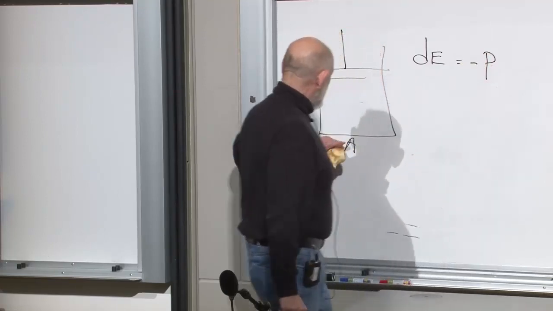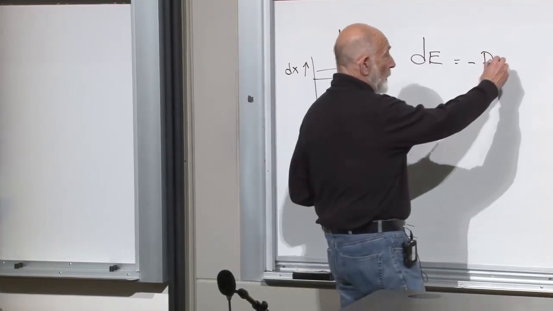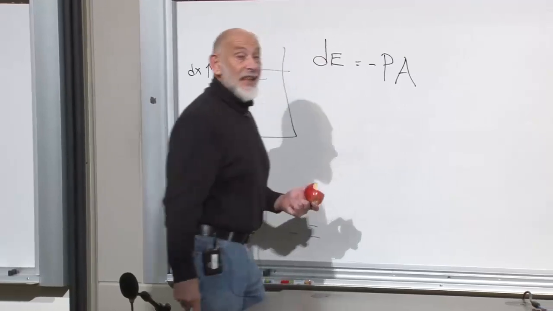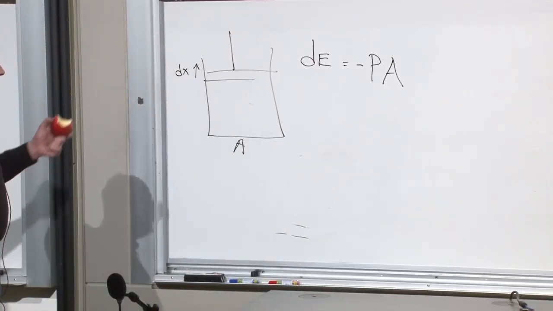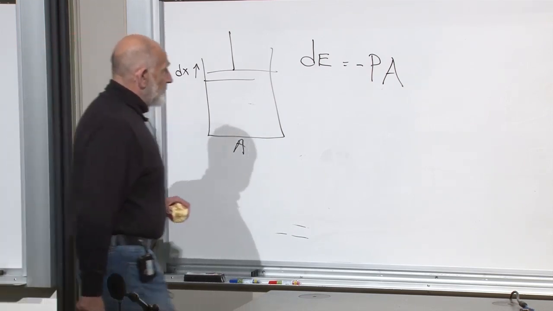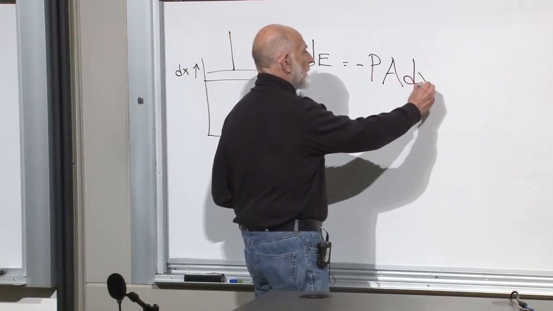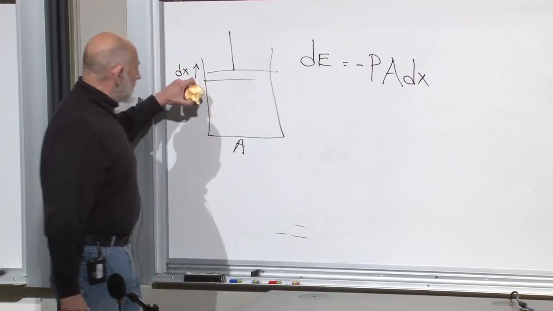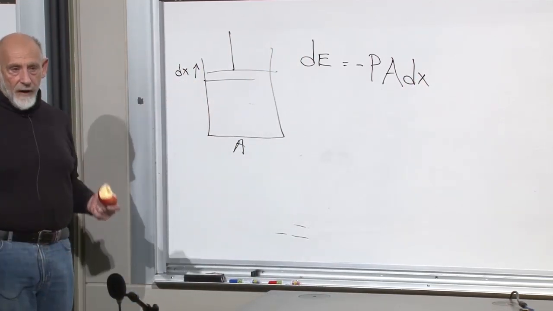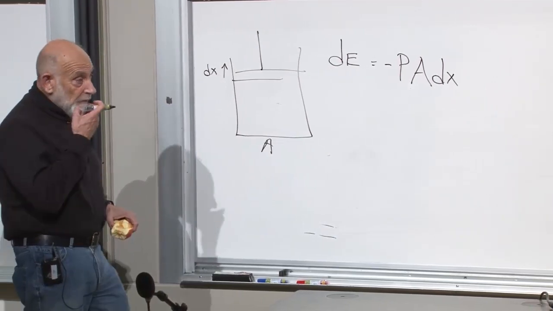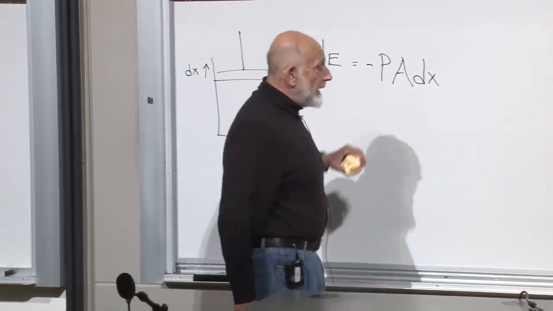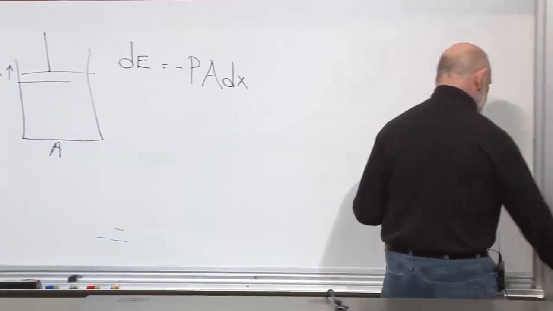Pressure times area is force. That's the definition of pressure: force per unit area. That's force times dx. And area times dx is the change in the volume of the gas, so we can write A dx as dV.